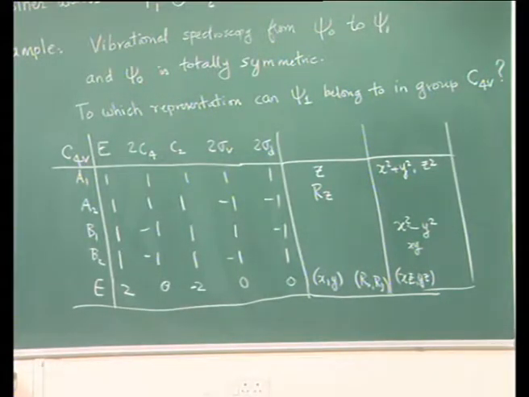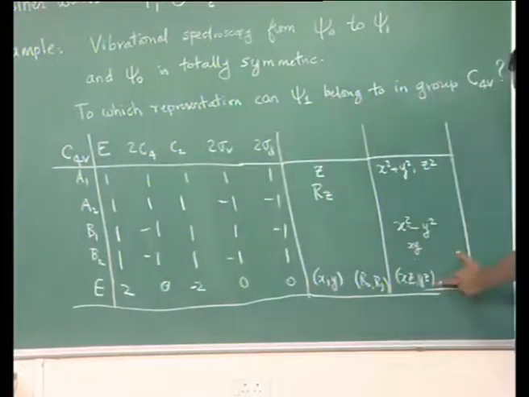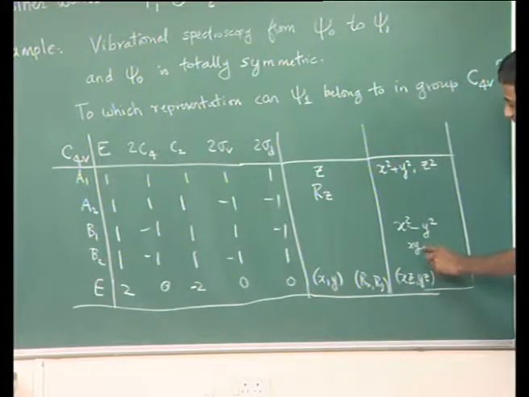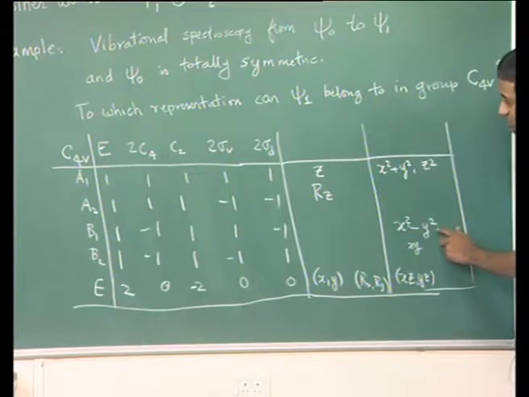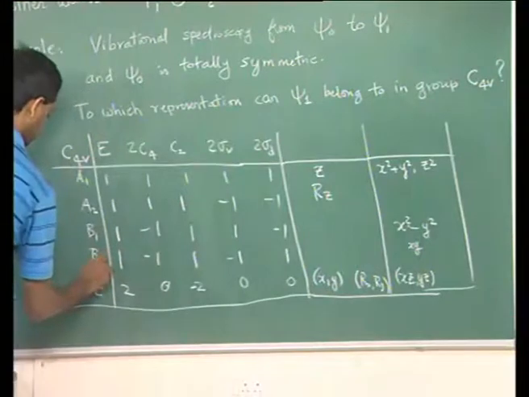Okay. So these are the products. So xz and yz together form a basis for this two-dimensional representation, and xy forms a basis for B2. X square minus y square forms a basis for B1.